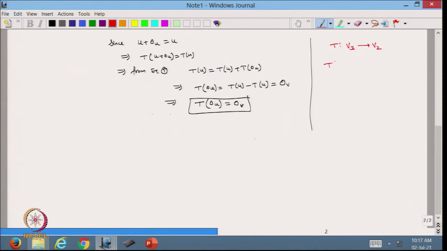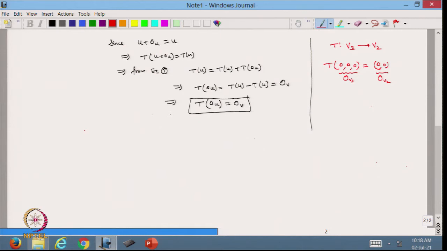Then it is understood from here that T of 0 0 0, because 0 0 0 is the 0 of V3, will be equal to 0 0, which is the 0 in V2. So, this is always true: the 0 element of the space U will map into the 0 element in the space V. So, this is the first one.